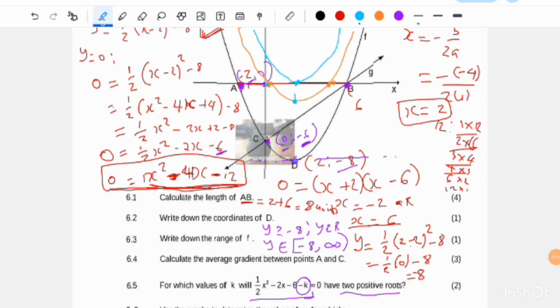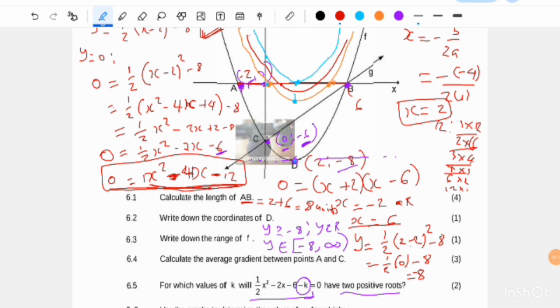So for us to have two positive roots, our graph should be somewhere between the blue and the orange, which is here, because we'll have a positive and a positive. But how should we shift our graph? It means we should not shift our graph more than 8 units up, and we should shift our graph more than 6 units up. So we should play around between 6 and 8.